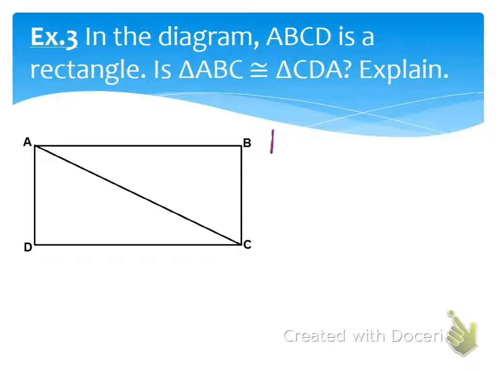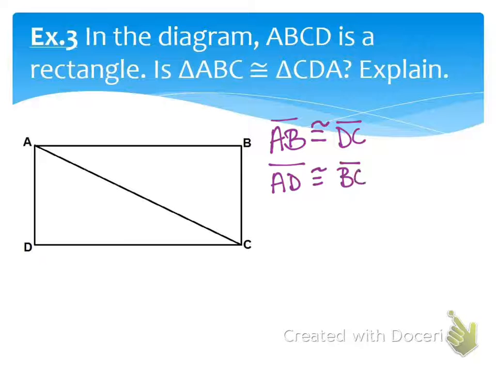AB is congruent to DC. Anything else we know about the sides? AD is congruent to BC. Why do we know both of those things? Okay, it's part of the definition of a rectangle. If you have a rectangle, opposite sides are congruent.